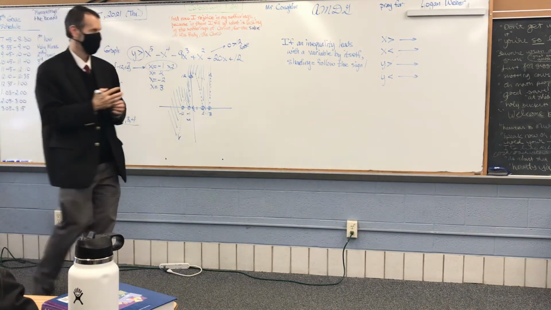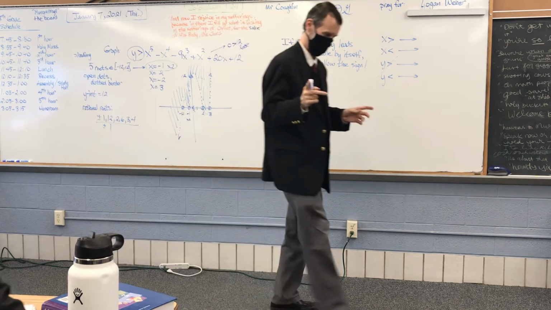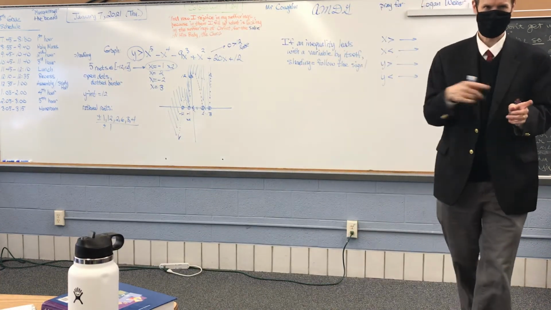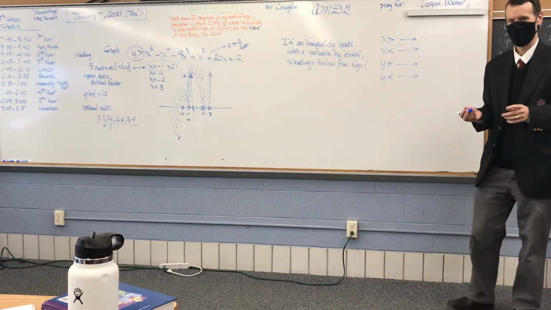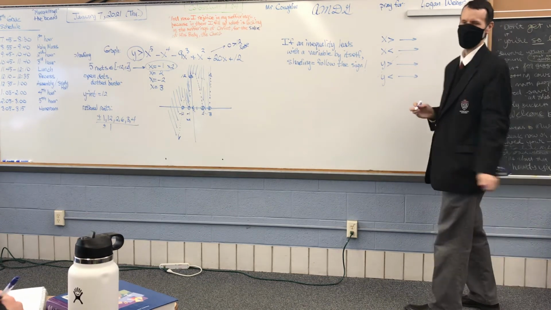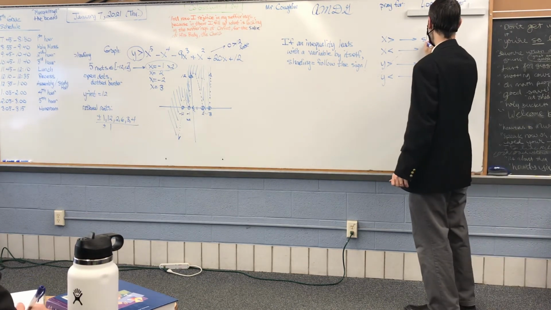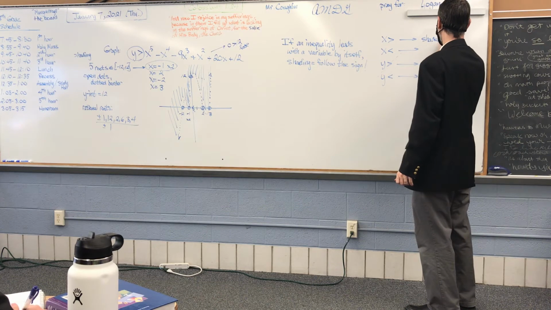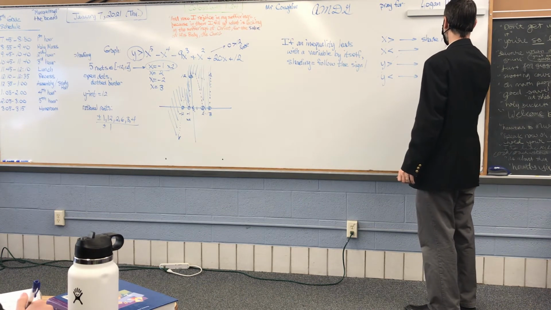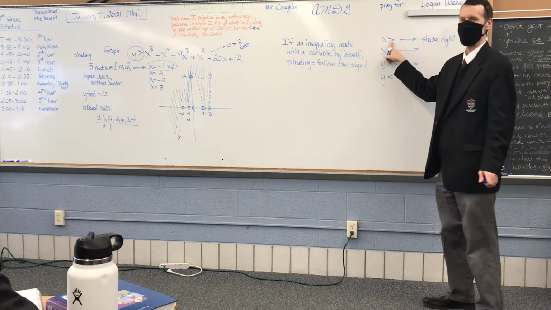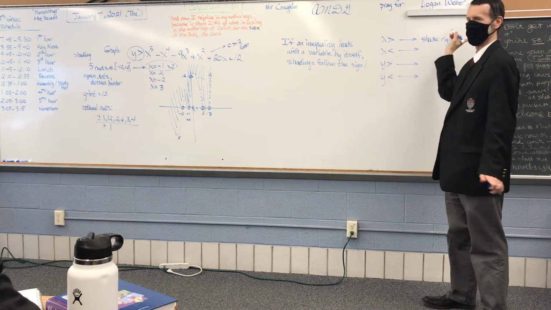Left, right. If x is greater than, would you expect to go to the right or to the left? Greater than? Go to the right. That's exactly what you do. You shade to the right. Does that make sense? If x is bigger, you go to the right.